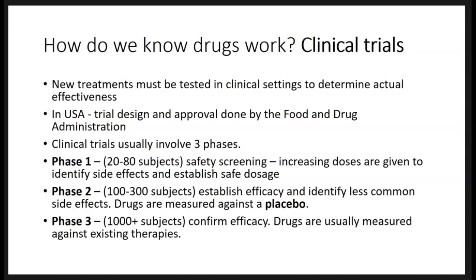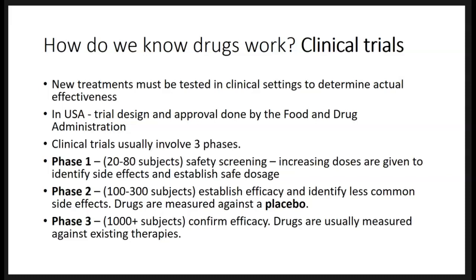In phase 3 of the trial, the drug is tested in a larger number of subjects. Typically, for new antibiotics, the drug is not measured against a placebo, but against existing therapies. So some people get the new medication, some people in the trial get a medication that's already been approved and is effective at treating the disease in a large population.